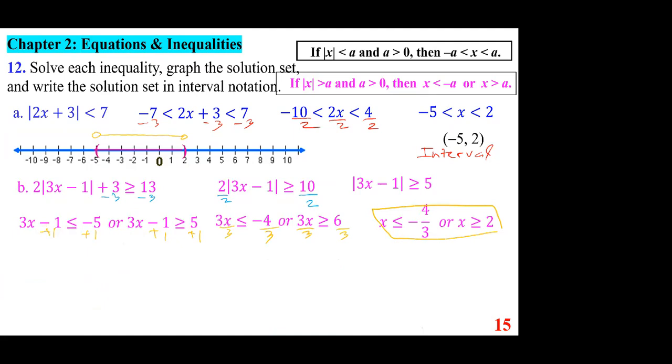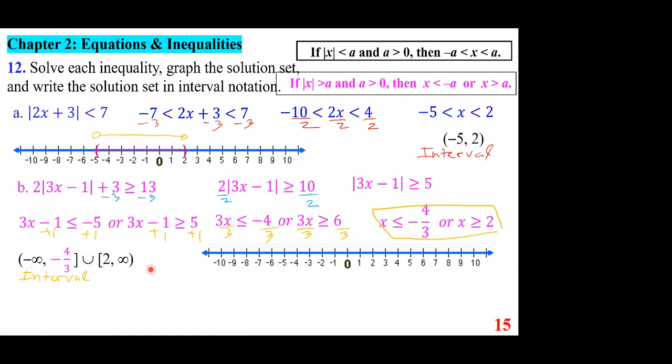Now, how do we write it in an interval form is this. So x is less than or equal to -4/3. So from -infinity to -4/3. Because of the equality, we put a bracket. Union, or means union. X is larger than or equal to 2. Start with 2, bracket because of the equality to infinity.